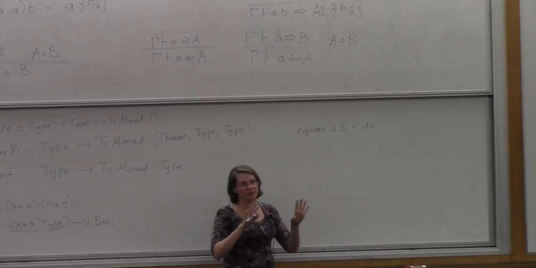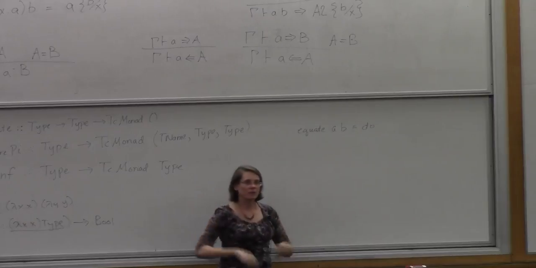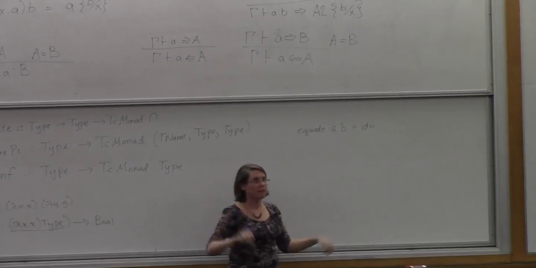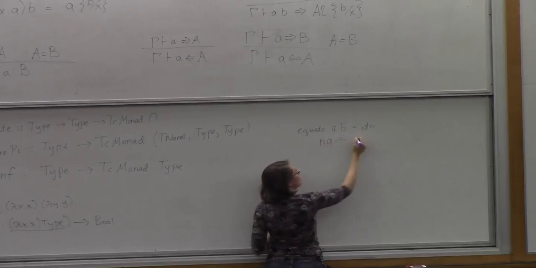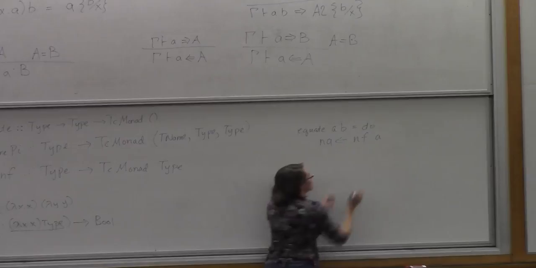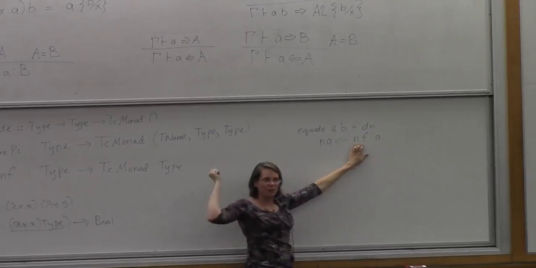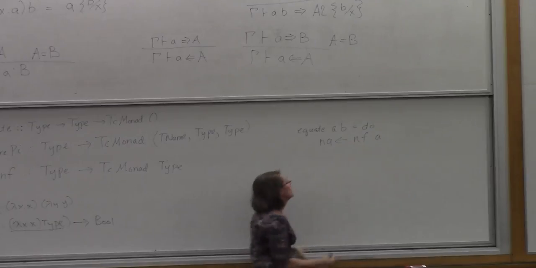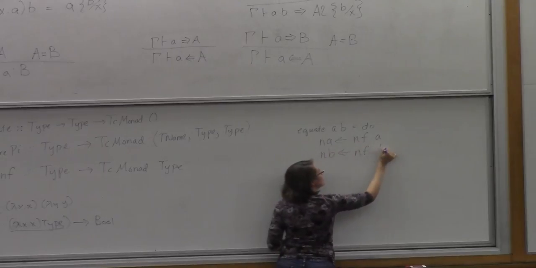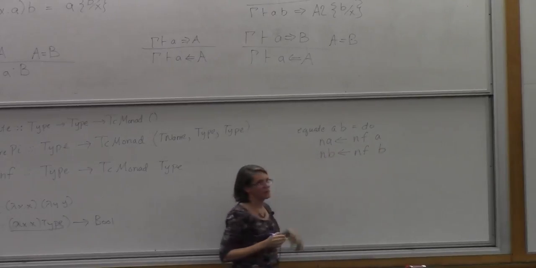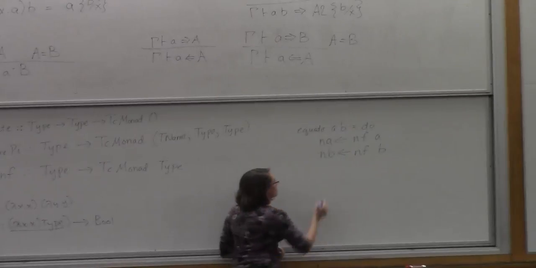Say there is something that, instead of weak head normal form, goes all the way to normal form. So we can compute the normal form of A, and maybe I have some NF function just like weak head normal form but it keeps going. And I compute the normal form of B. And then I compare them for alpha equivalence.